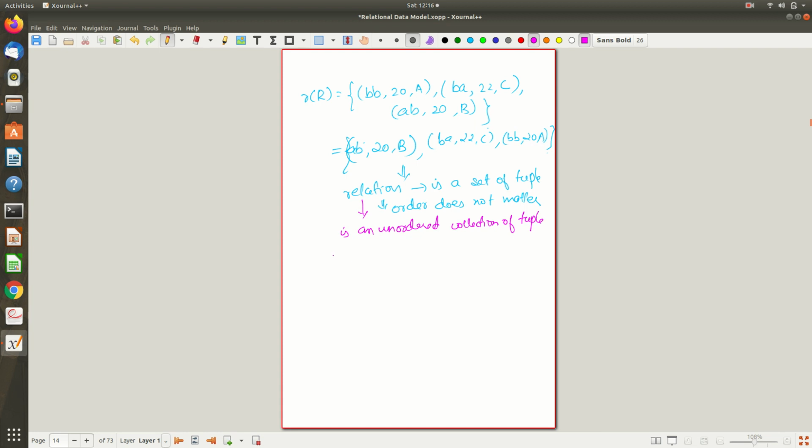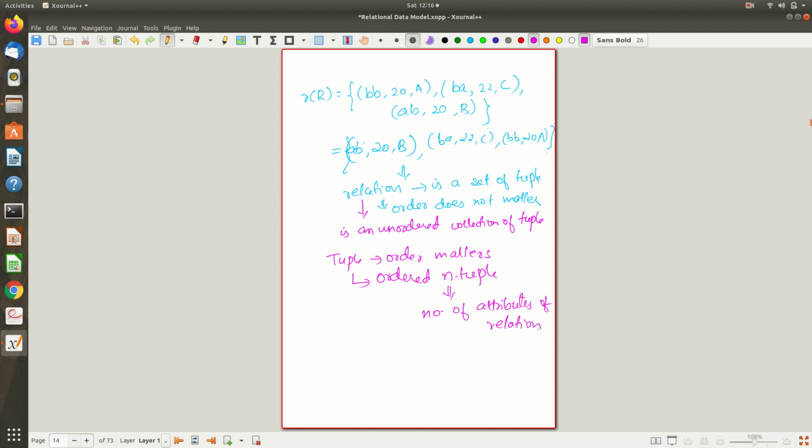Now what about a single tuple? If you are looking at a particular tuple, order matters. So it is ordered. A tuple is nothing but an ordered n-tuple, and n is the number of attributes of the relation. So that is the first point.